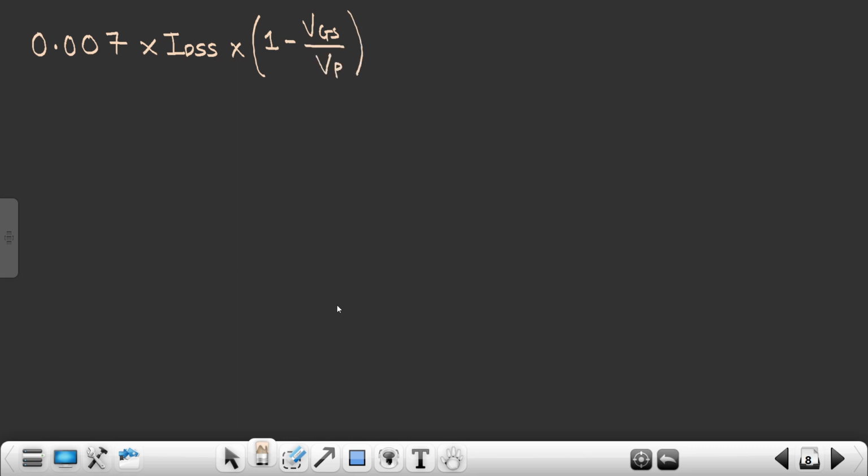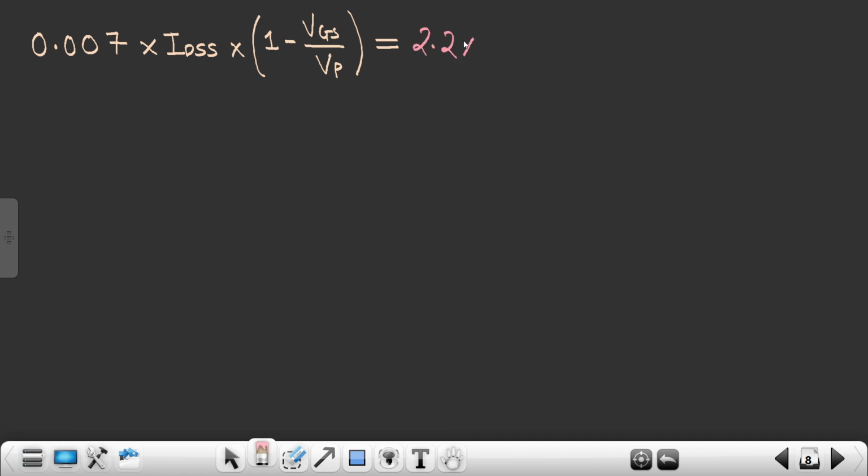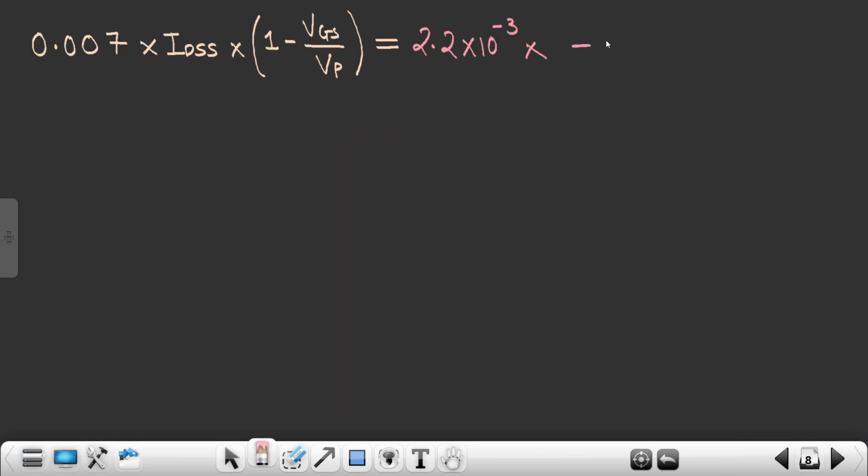And this is equivalent to 2.2 into 10 raised to minus 3 into minus 2 IDSS by VP, right?